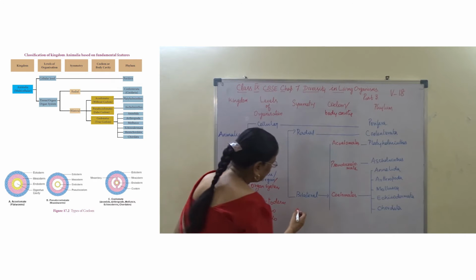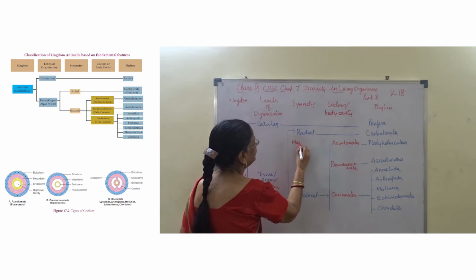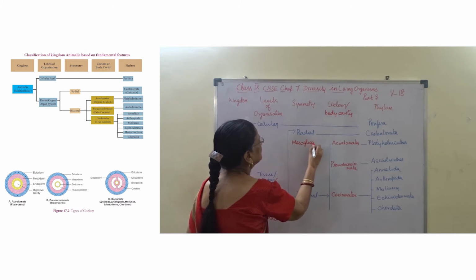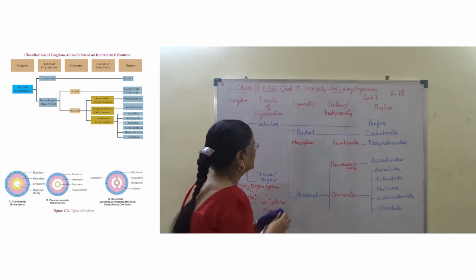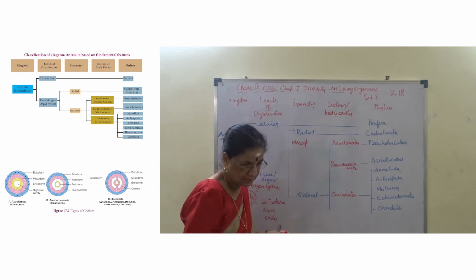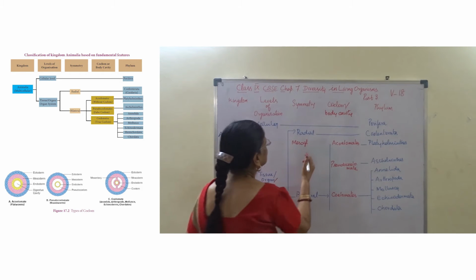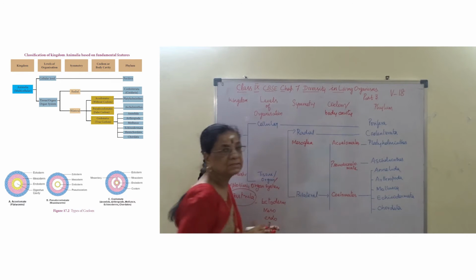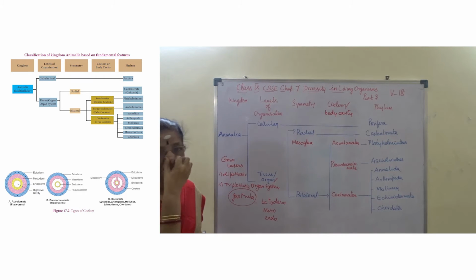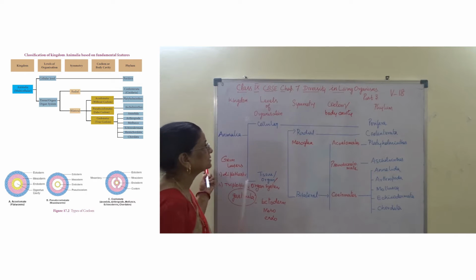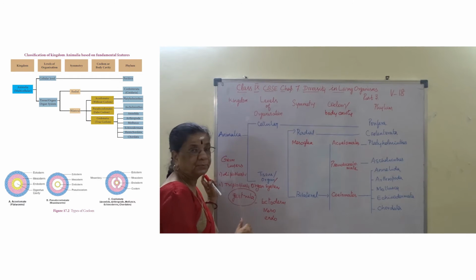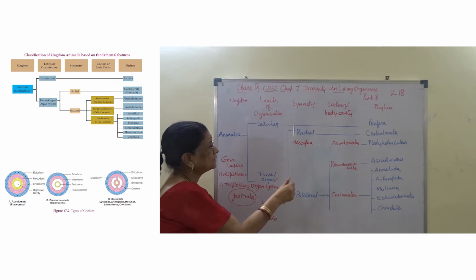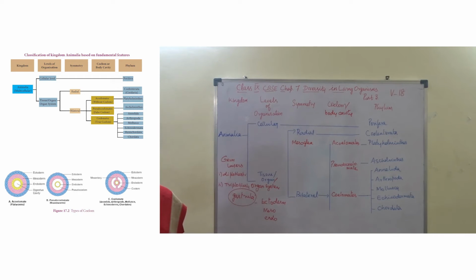Instead, the middle layer is represented by mesoglia, a non-cellular mesoglia. Animals with diploblastic germ layers come under radial symmetry.